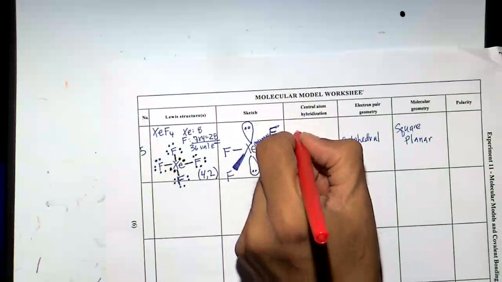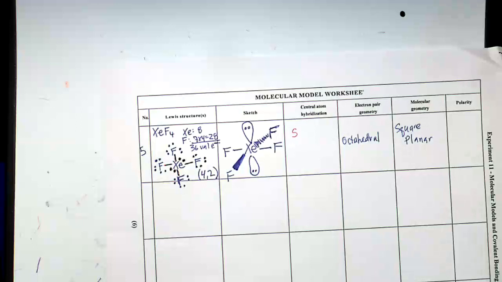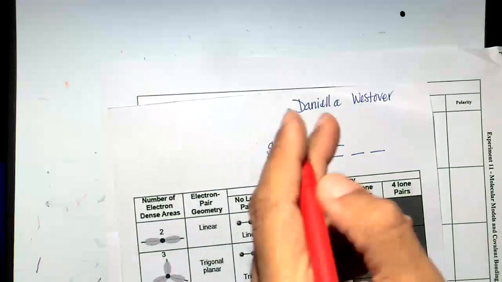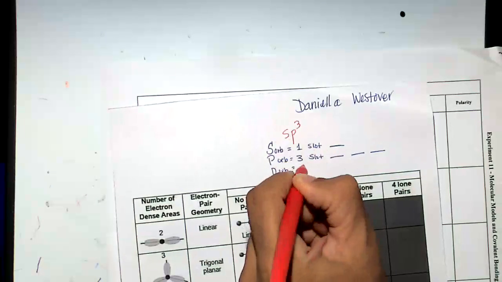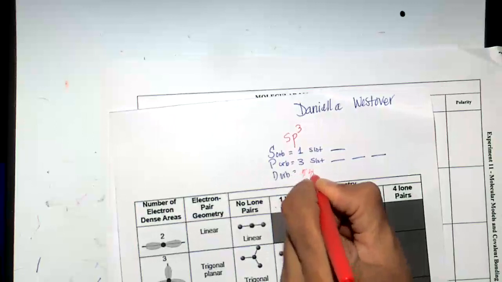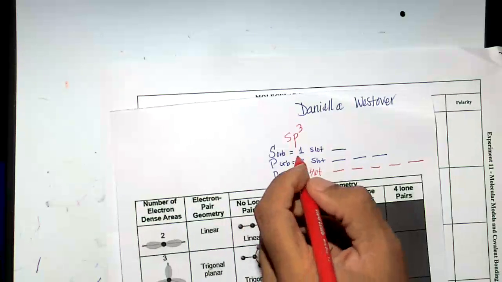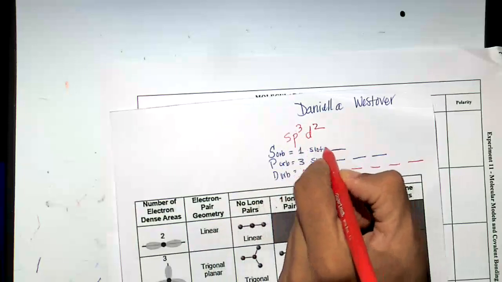There will be Ds, but how many? S is 1. How many are in Ps? So 1 slot for S, 3 for P, and how many are in Ds? So this is going to be sp3d2, correct.